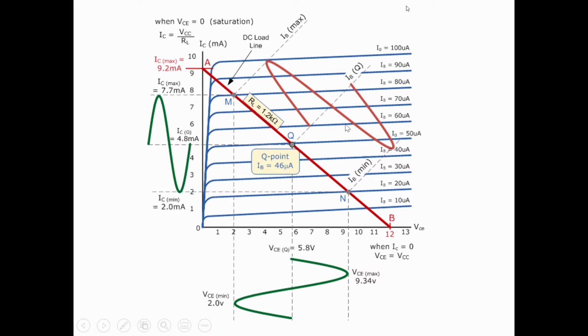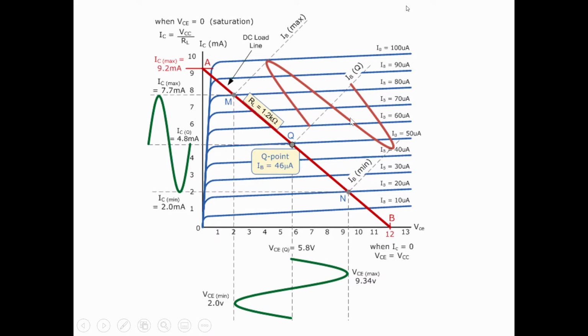Right. The fact that you can see the full signal very healthily being applied at the base, and the collector current is also all seen without chopping any piece off, is because this base current was applied at the right quiescent point.